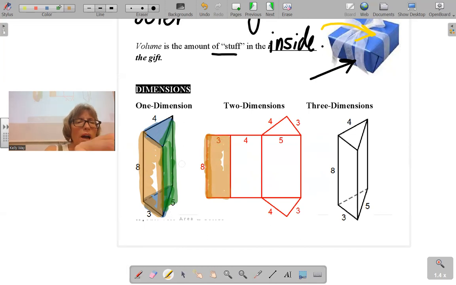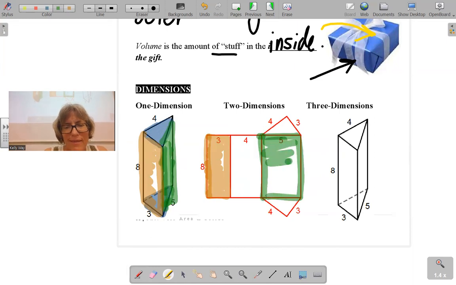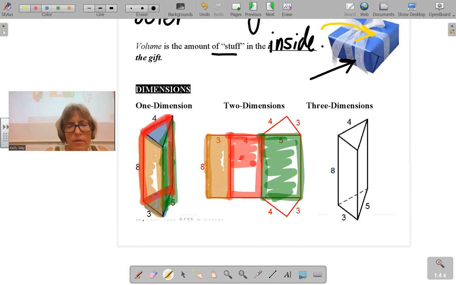And then the 8 by 5 unfolded would be here. This back edge is the 8 by 4 unfolded. And then you have the 2 top and bottom triangles. This thing in the middle is called a net.